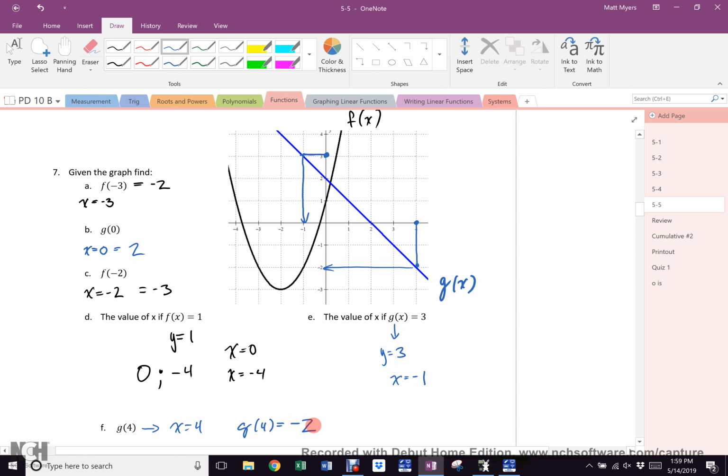Is everybody good? Everybody can still do algebra? Everybody still knows what an x and a y is? Everybody knows that g of x is a y coordinate. Yes? And the g of 7 is an x coordinate.